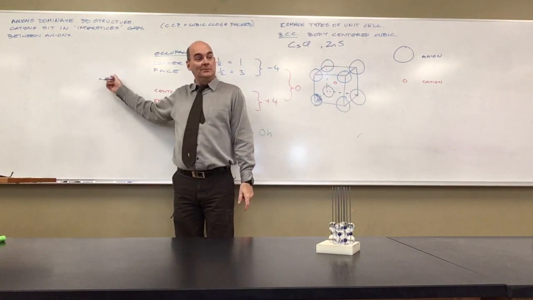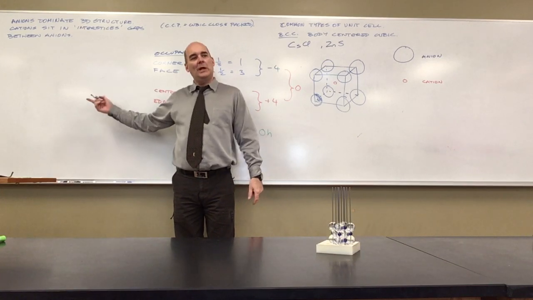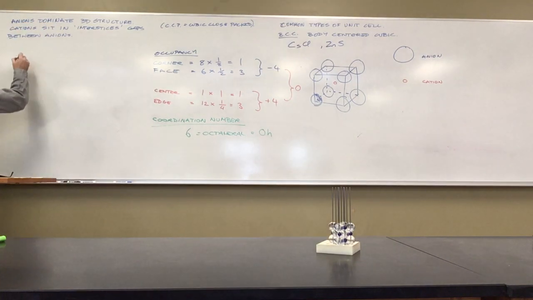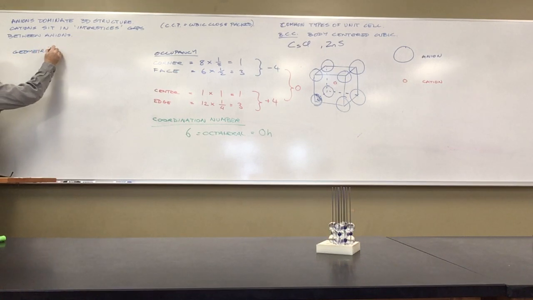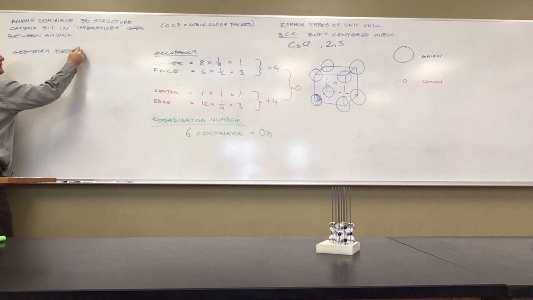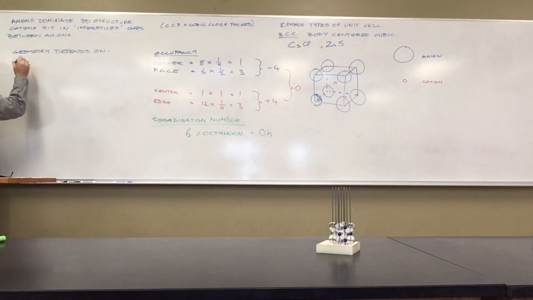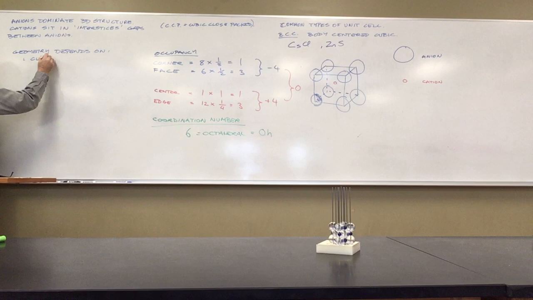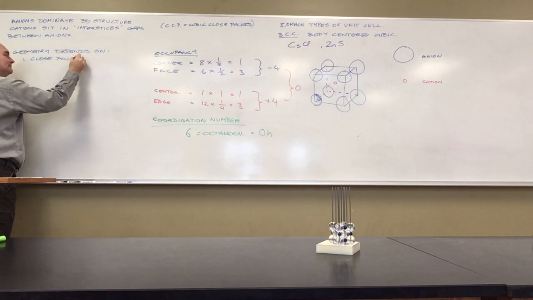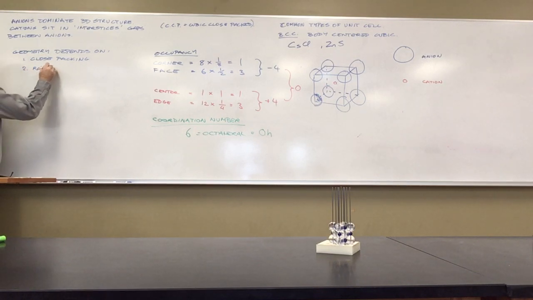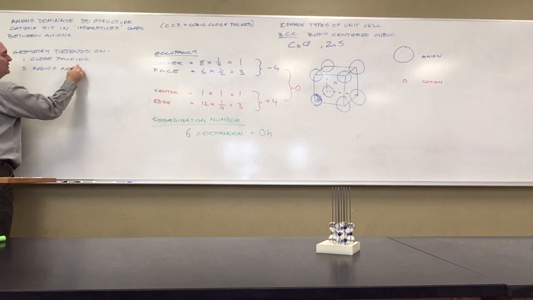Octahedral, 6, or the missing one that we haven't seen yet, tetrahedral. And the geometry depends on 2 things. One is something called close packing, which we'll do soon. And 2 is the radius ratio.